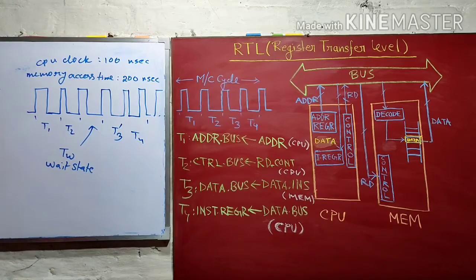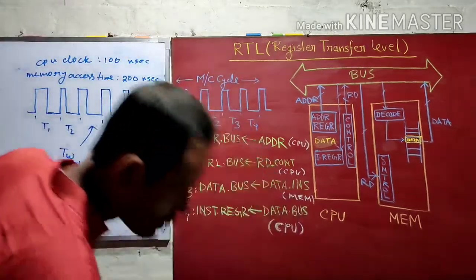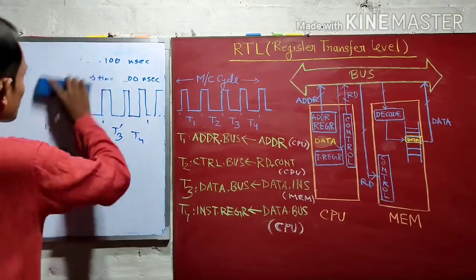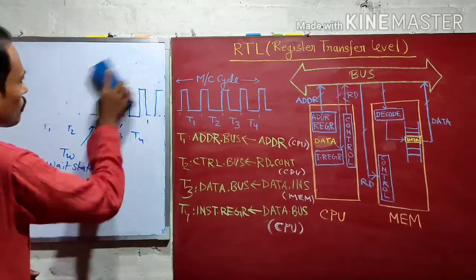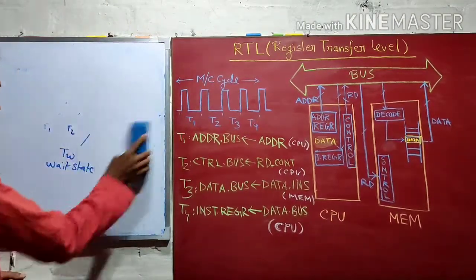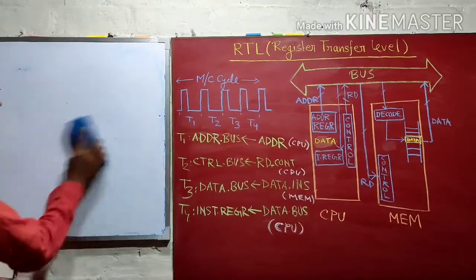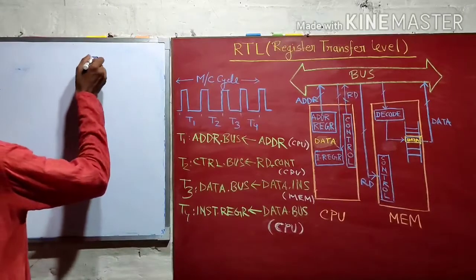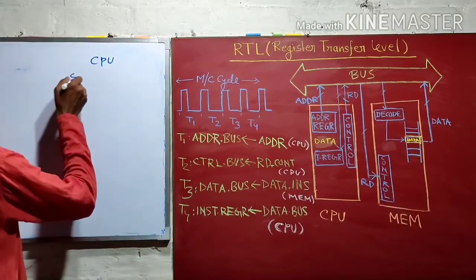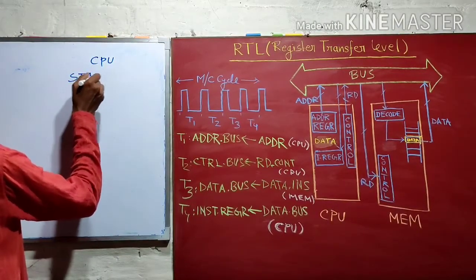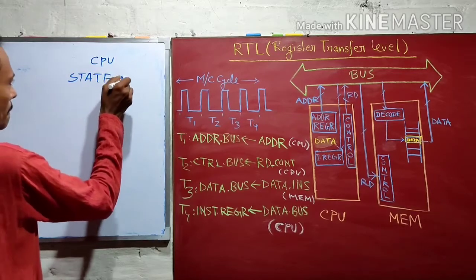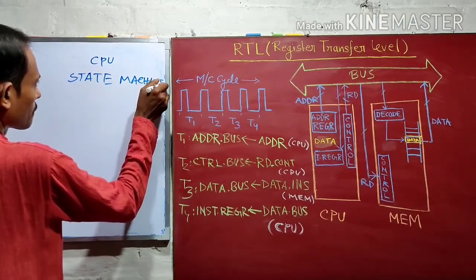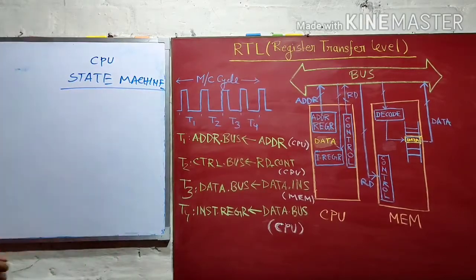Now we will see why the CPU is called the state machine. So we know that the CPU is called the state machine. So let's see how these things are done within the CPU. Clear?